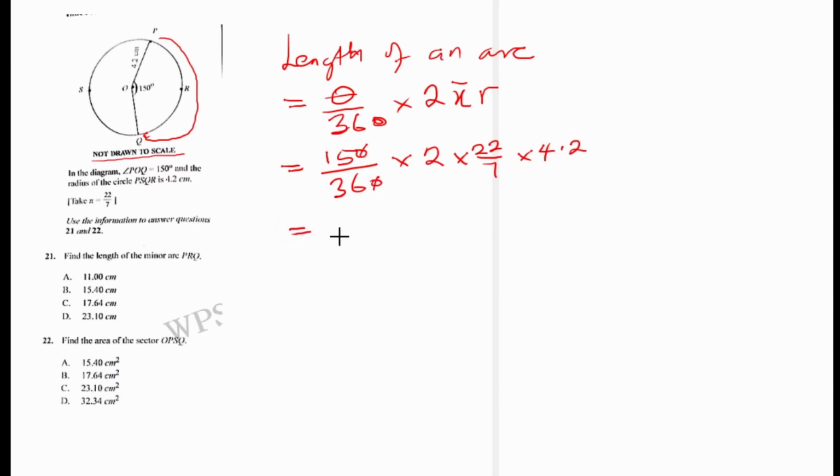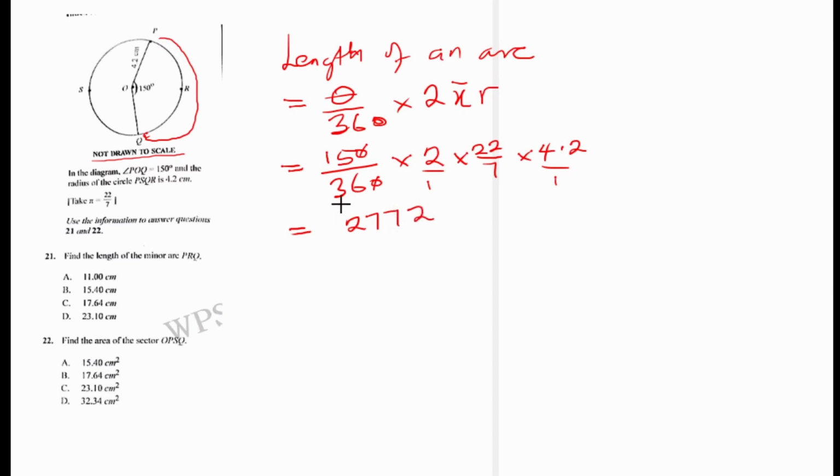Then, not to worry ourselves, we can just multiply all the numerators. Remember, this is divided by 1. We can change this to a common fraction, 2/1. It doesn't change anything. So we just multiply 15 times 2 times 22 times 4.2, and that is going to give us 2,772.